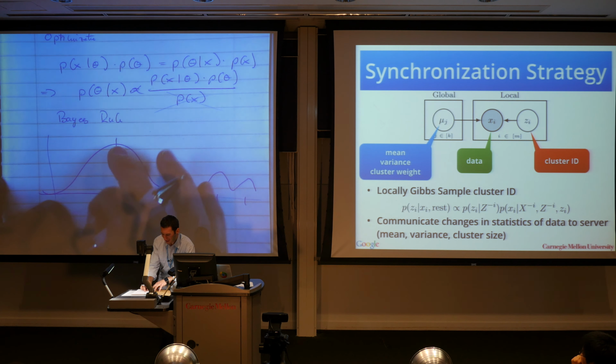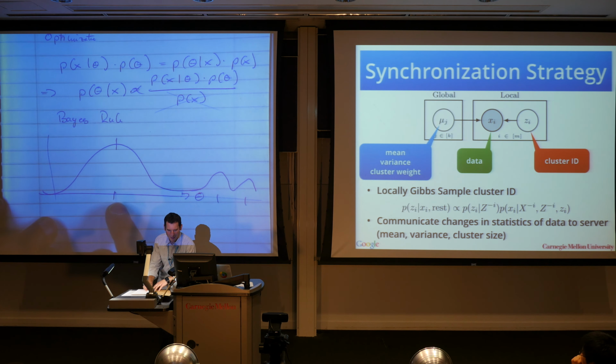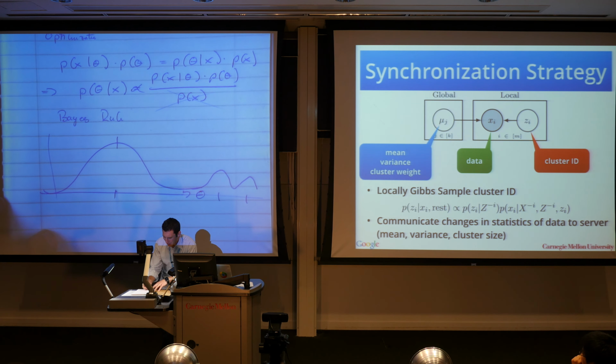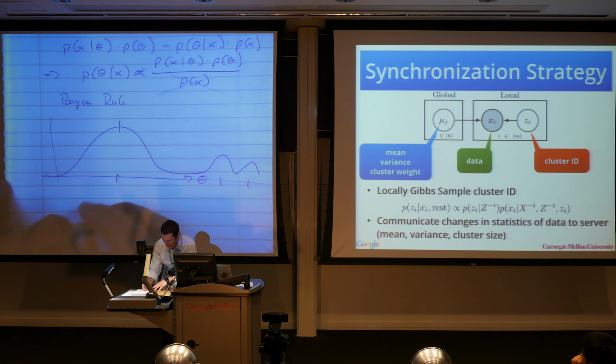Therefore, optimization may be a good idea, but sometimes you want something a little bit more accurate relative to the probability distribution. So what you could do is draw from p of theta given x. This is sampling.